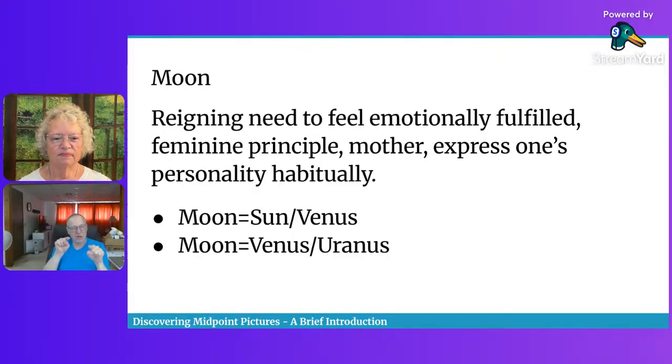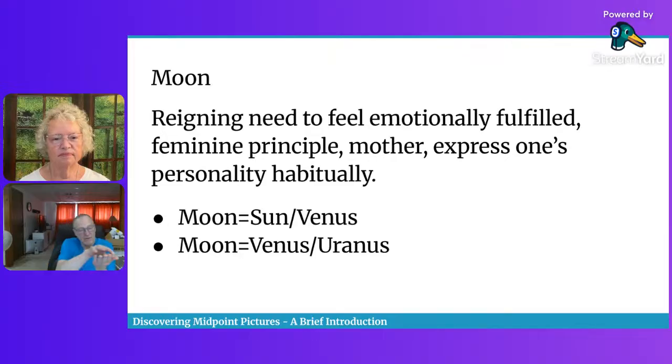But what we find is those energies were somehow either not supported or supported in a way that caused those energies to be expressed into life this way, usually as a defense mechanism. Because if you can't fit in, a nice thing to have would be maybe Venus Uranus. Okay, because that would allow you to feel good about not fitting in, right? Exactly. Okay? And let me read a couple things here. So moon equals Venus Uranus. This is what Noel said.